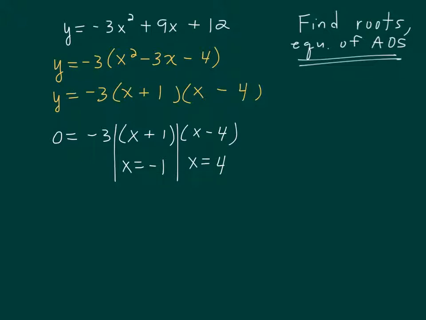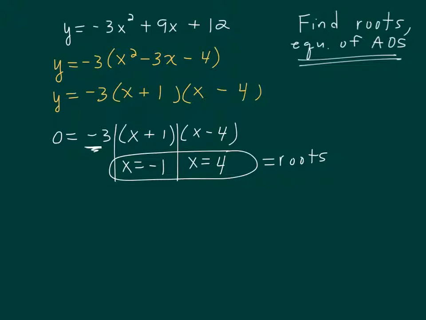This negative 3 here, if we were to try to set negative 3 equal to 0 and solve for x, do you see what the problem is? Hopefully you're thinking there's no x to solve for, so that is not going to produce an additional root. So our roots are at negative 1 and 4. Those are our so-called p and q values.